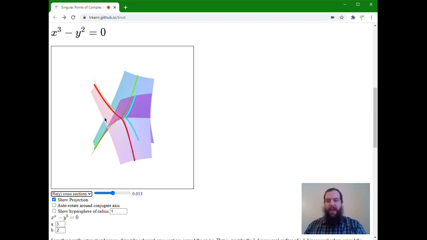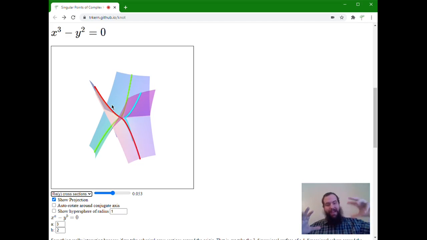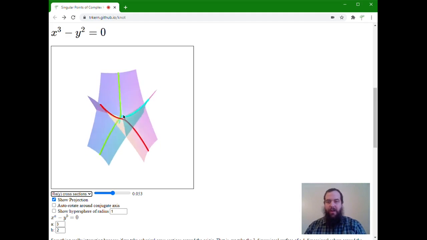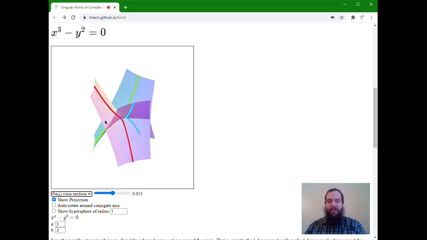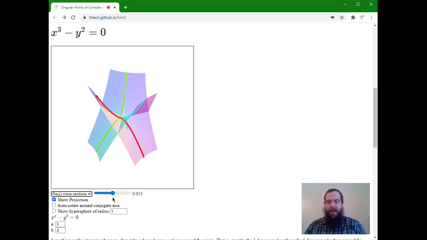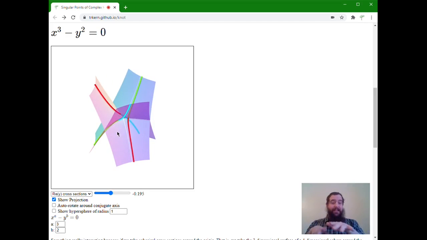And then if we take projections in terms of y, we get a very different shape, right? If you take the shadow of something in one direction, it's not necessarily going to look like the shadow of that thing in the other direction. So here we get a shadow of what we saw before, but now it's this very different shape. And again, this is the sum total of all of these different cross sections. And again, it is a single surface.